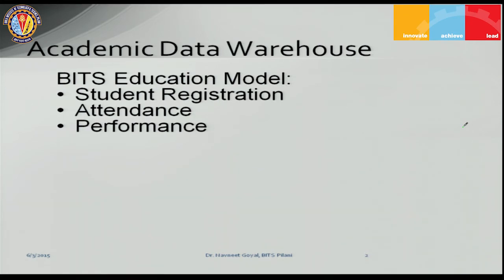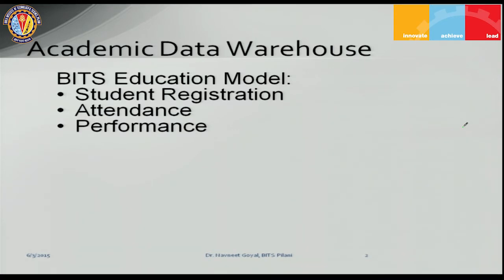Then we have the second process, which we call the attendance process. Here we try to record the attendance of all the students who are coming to classes, so any student entering the classroom is counted. And third is performance, like what kind of grades or what kind of CGPA you are maintaining at the end of the semester or at the end of the program.